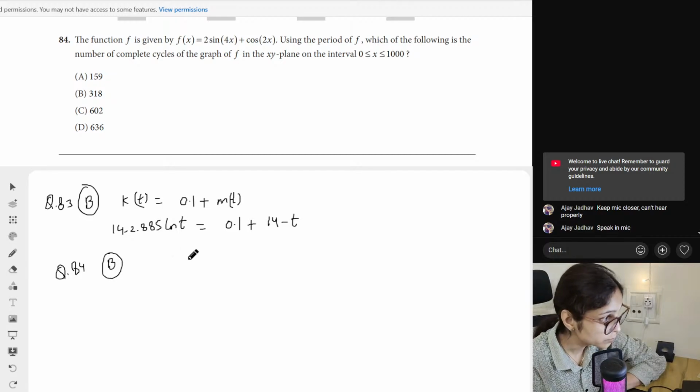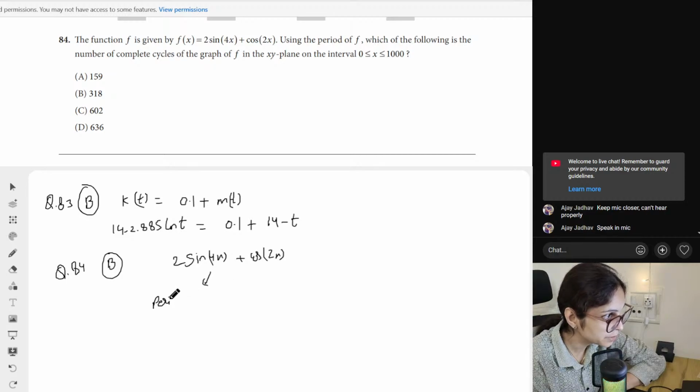And how can you solve it manually? You have sine 4x plus cosine 2x. Your period is always 2 pi over b, where b is whatever you're multiplying x with. So from here, the period is 2 pi over 4, that is pi over 2, and from here, the period is 2 pi over 2, that is pi. So the overall period is pi.